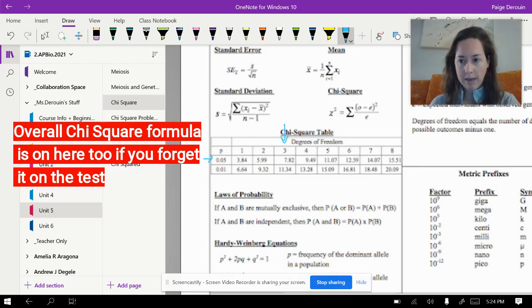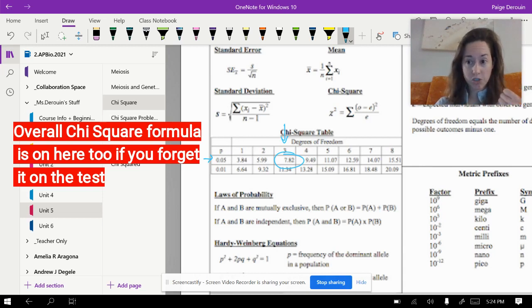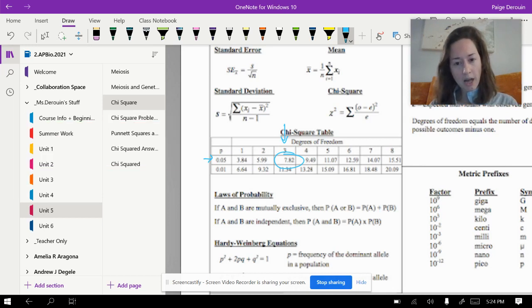Your degrees of freedom is always what you have minus 1, so 3. So the number we're looking at to determine whether we should accept the hypothesis or not is 7.82. If we're below 7.82, we can accept that the hypothesis is true, or fail to reject. If it's above, we reject the hypothesis.